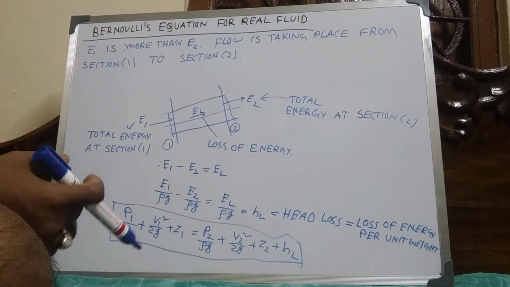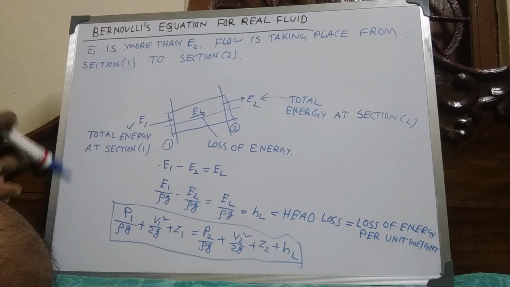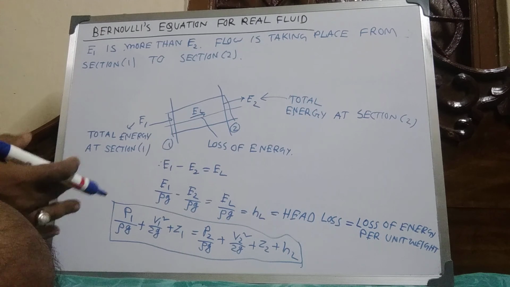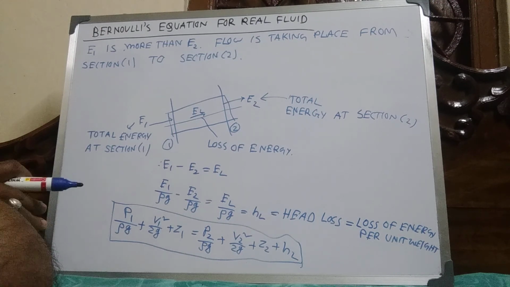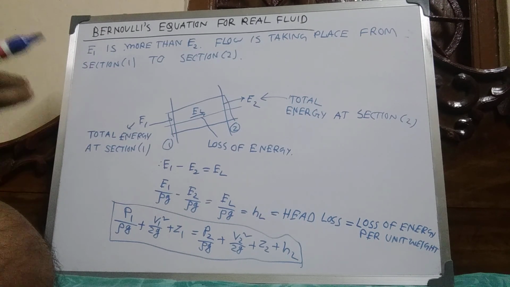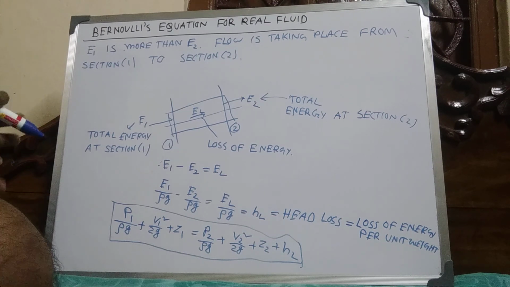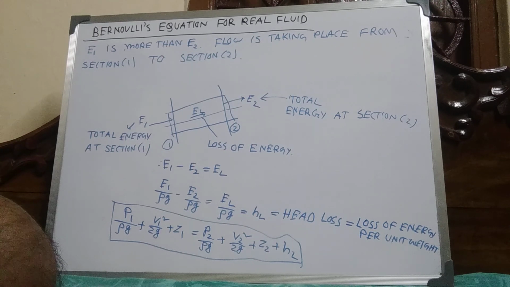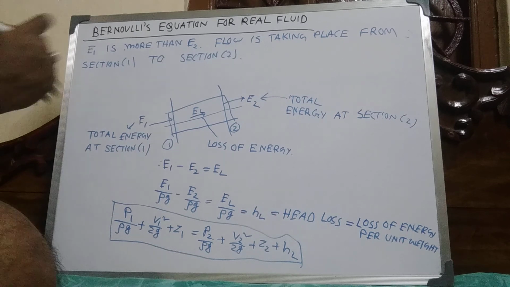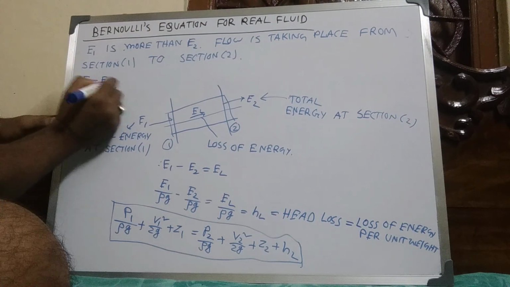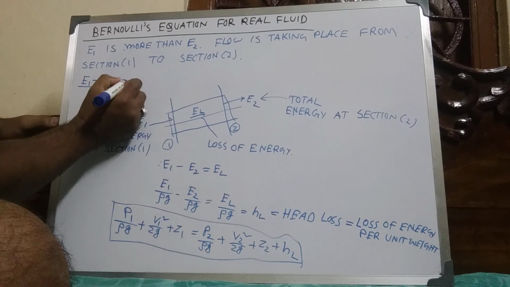But when the flow is taking place from section 2 to section 1, means E2 is more than E1, at that time the head loss is added to the right side. Understand? So we can write E1 minus E2 by rho g equal to HL.